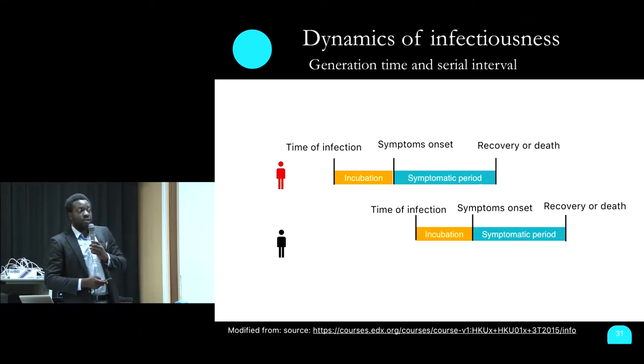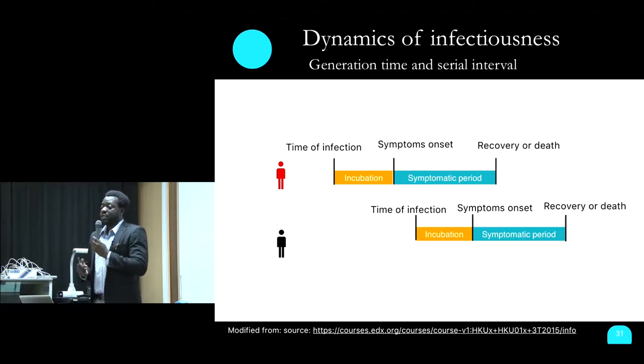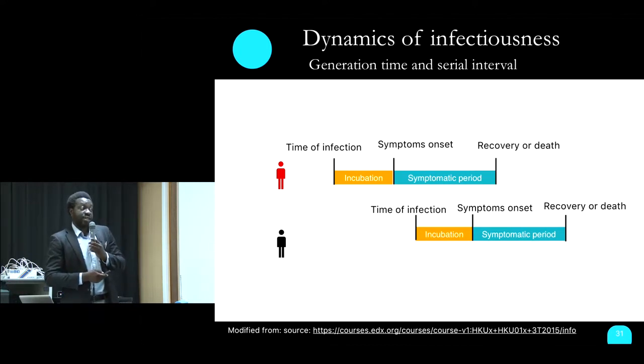Another important element to look at is the generation time and the serial interval. Both generation time and serial interval tell us about the time scale of disease transmission. What is it? I will explain in detail now. Transmission is between two persons, from one infected host to one susceptible host.